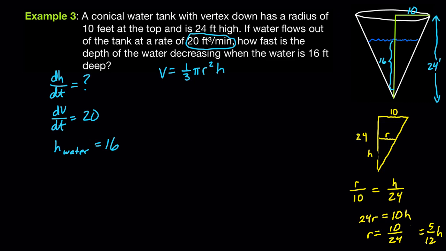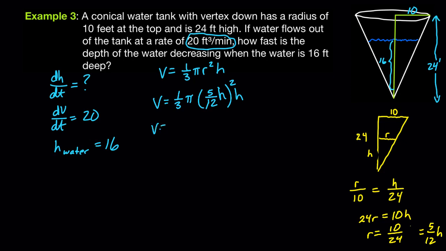All right, so what we can then do is when we see r, we can replace it with that 5/12 h. And then we have to square that value because it's r squared.